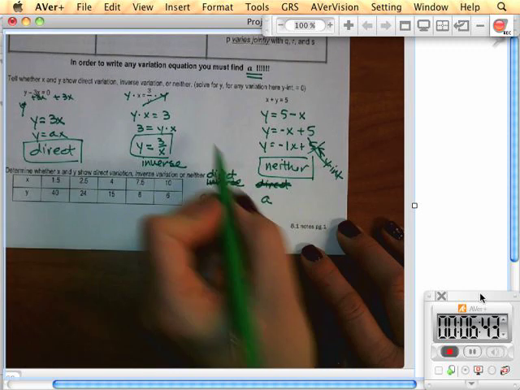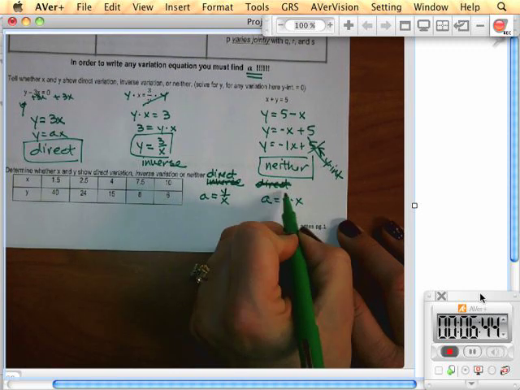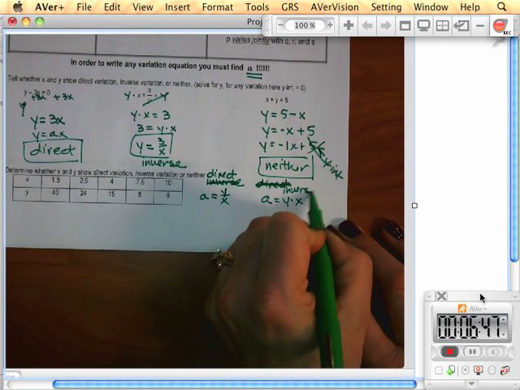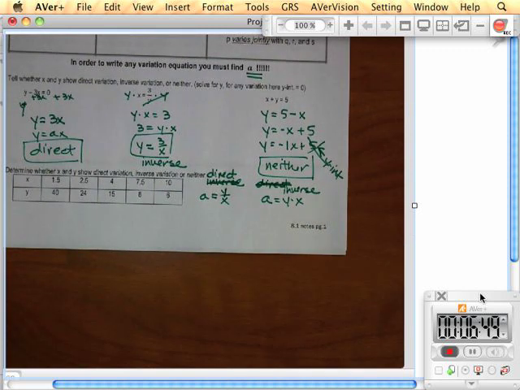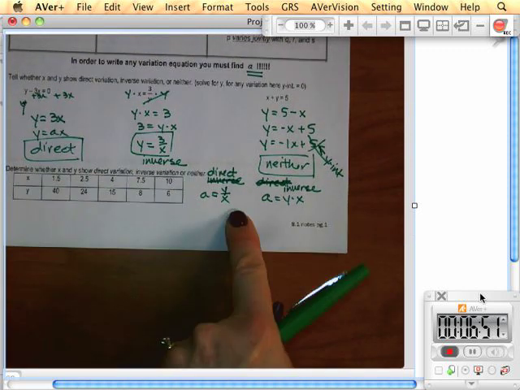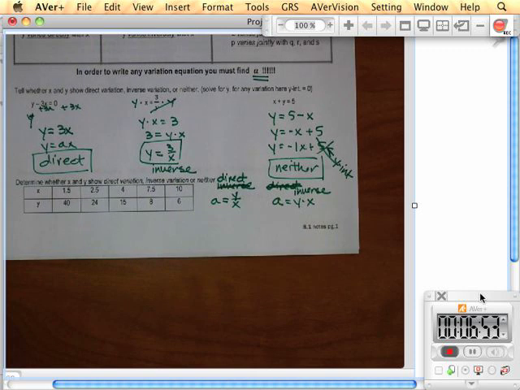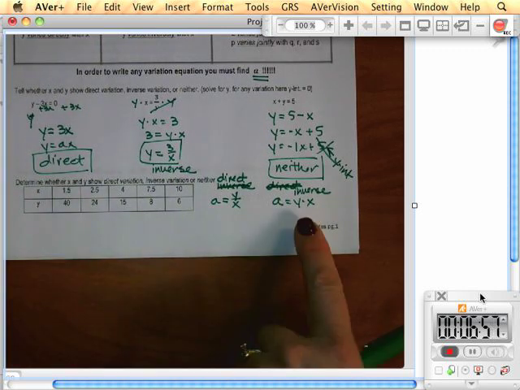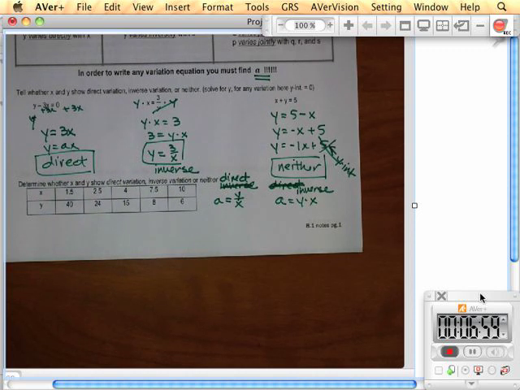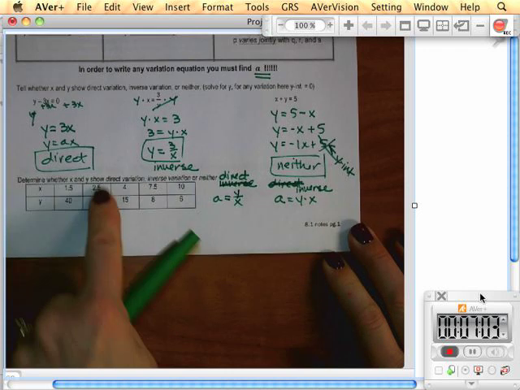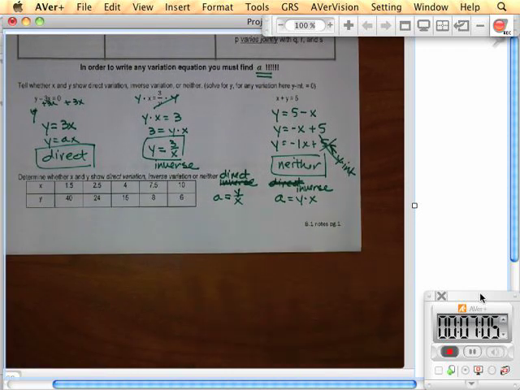Inverse is A equals y times x. So I'm going to determine whether I get the same A by dividing y and x. If I don't, then it's not direct variation. Or if I get the same A by multiplying y and x each time, then I can determine if it's direct or inverse. So let's start with dividing.